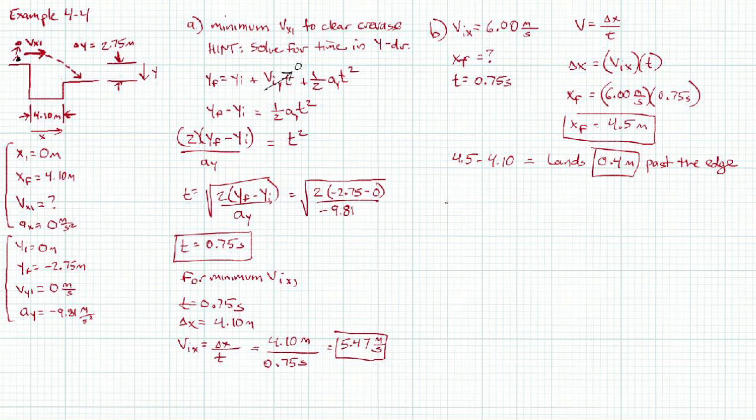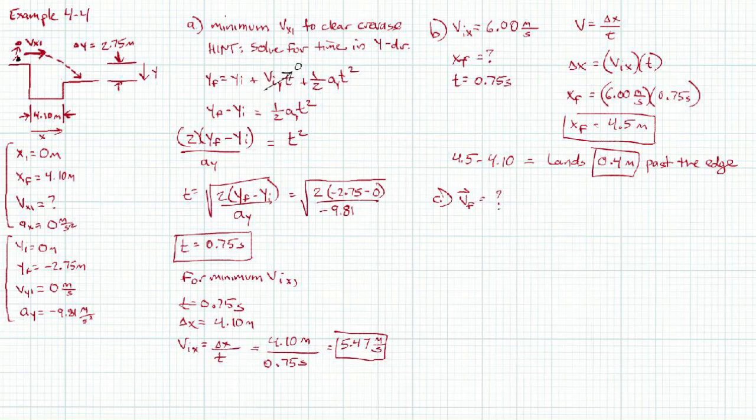And part C, what is the climber's speed and direction of motion when landing? Well, we know one part of this already. Remember, what this is asking for is the resultant, or the v final, the final vector of his velocity. So it's a combination of x and y components.